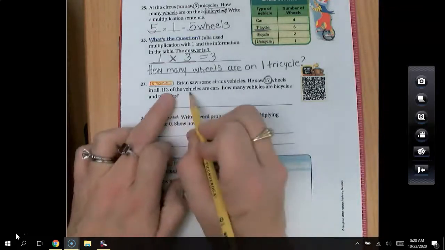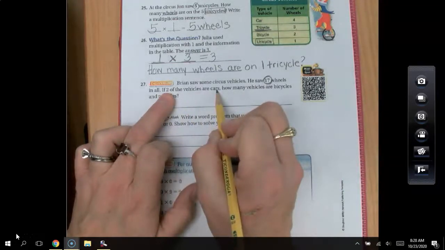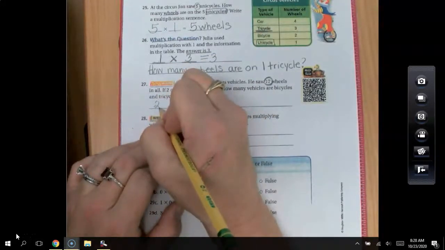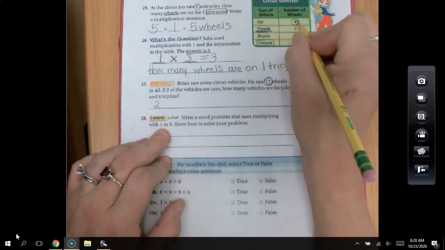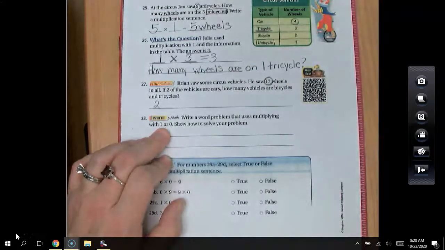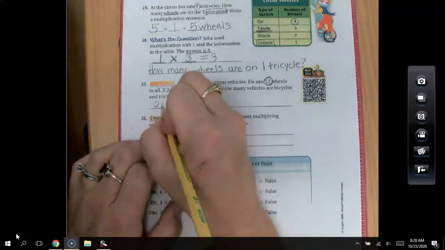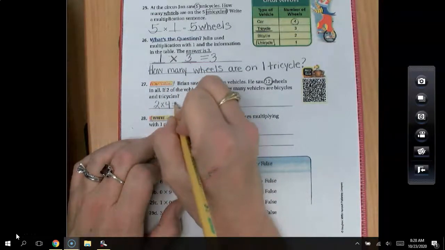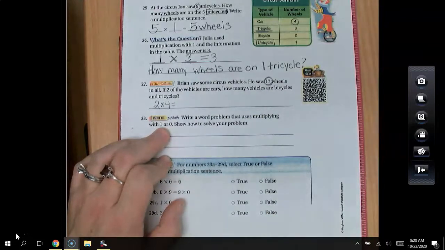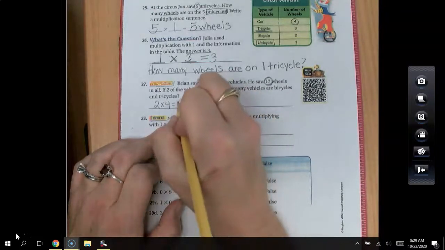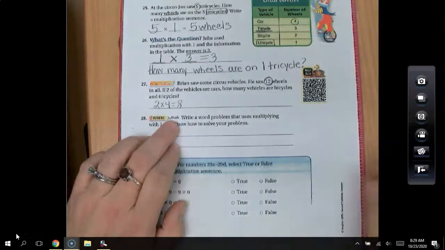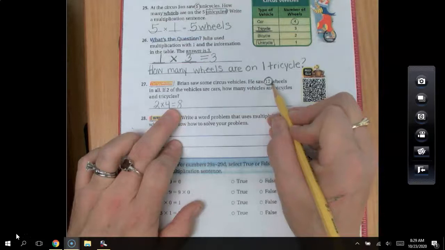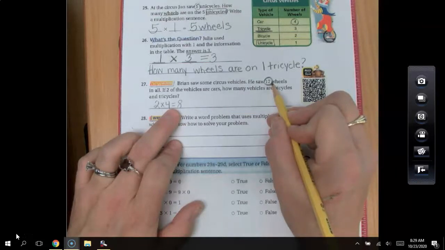If 2 of the vehicles are cars, okay, so I have 2 cars times how many wheels? How many wheels does a car have? 4. So 2 times 4 equals what? 2 times 4 is 8. Very good. So right now, I know that I have 8 wheels, but I need to get to 17.